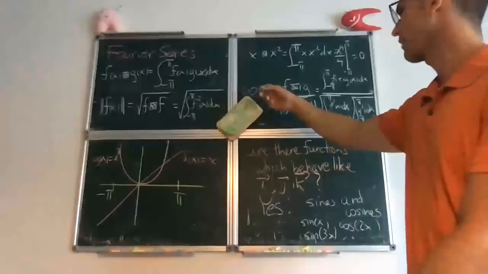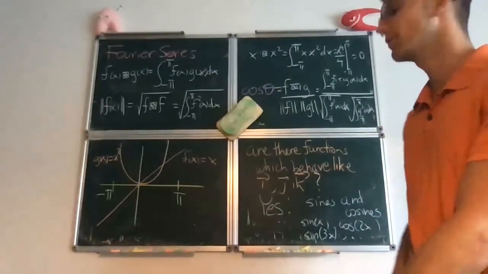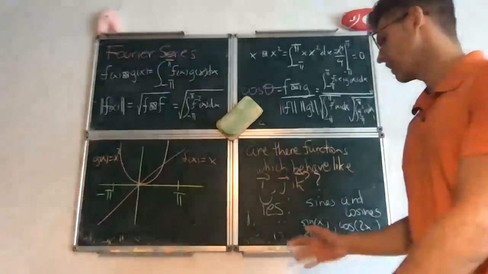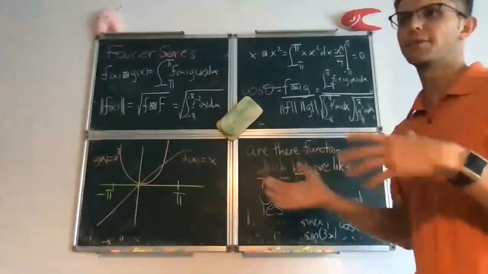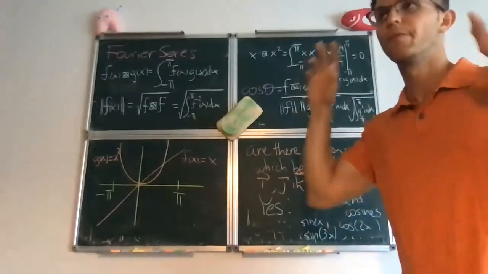So their angle will be 90 degrees, and also, up to a constant, you can rescale them so that they become unit vectors.